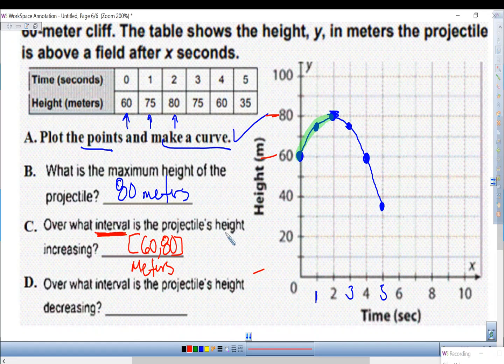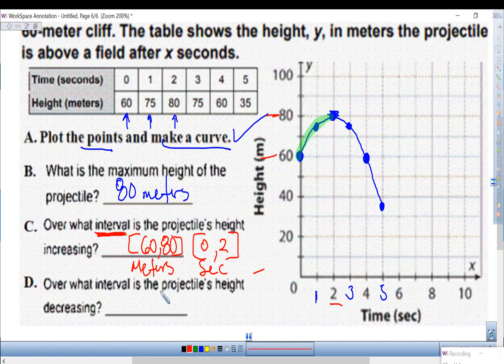Help her out. 0 to 2. That is correct, and that is in seconds. Notice it increases from here to here, so from 0 to 2 it's increasing. Is that correct? Yes.